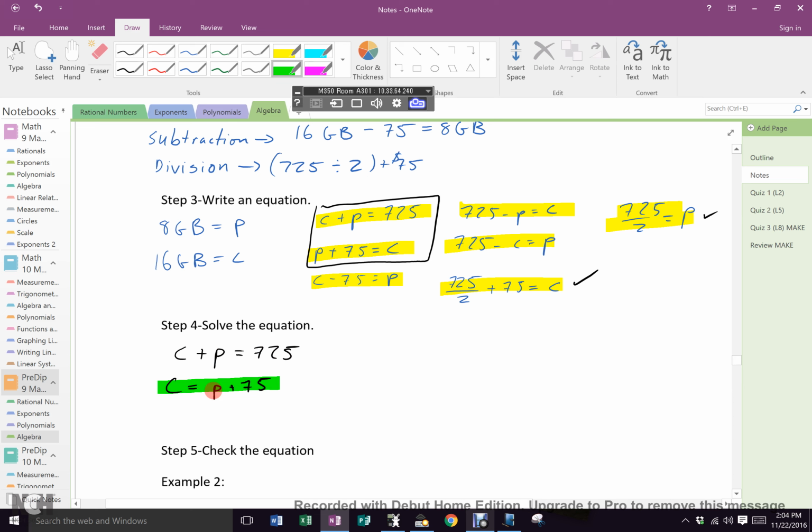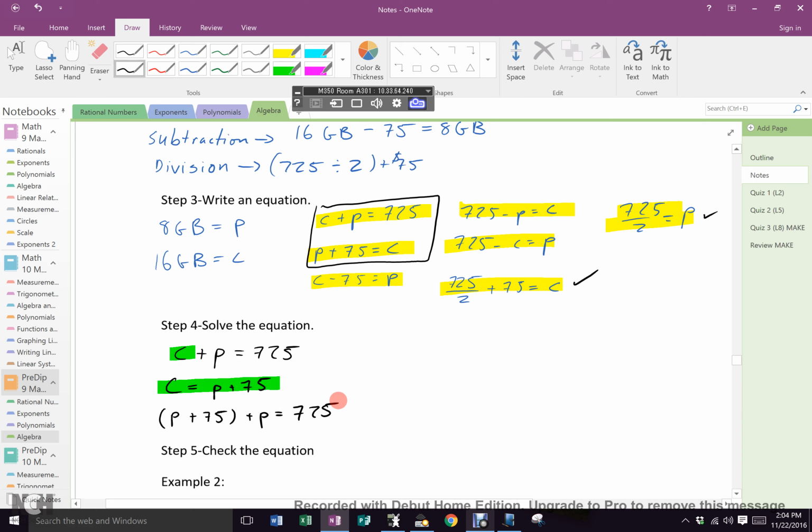Read that to me in English. C equals P plus 75, right? Yeah. What letter is that? C. So what can I put there? P plus 75 plus P equals 725. Now can I do it?